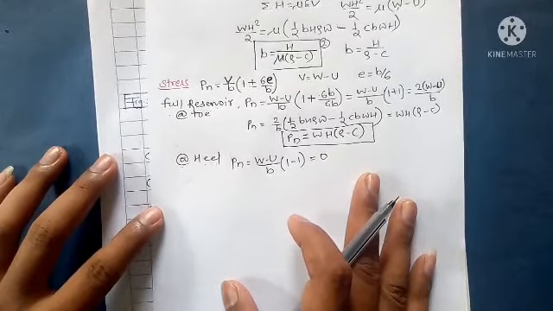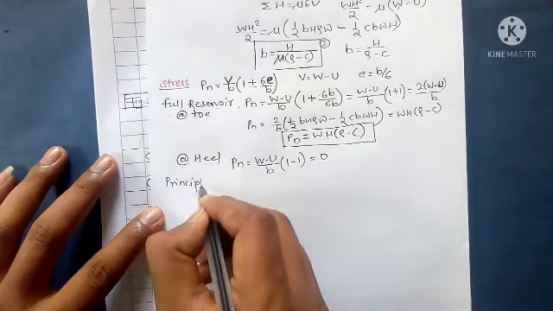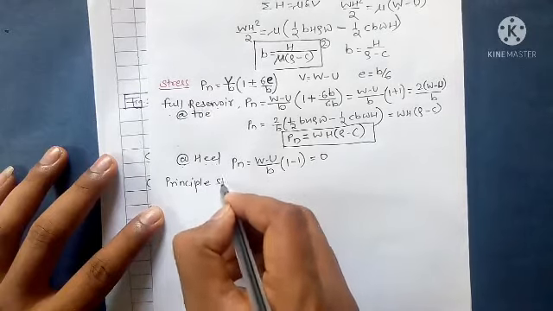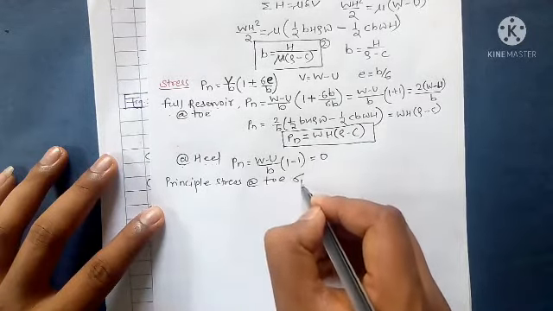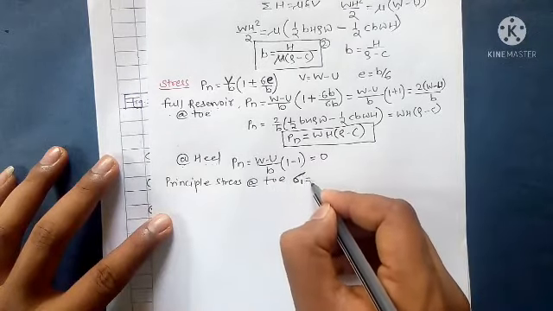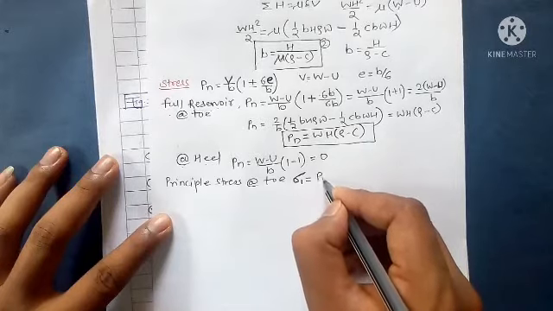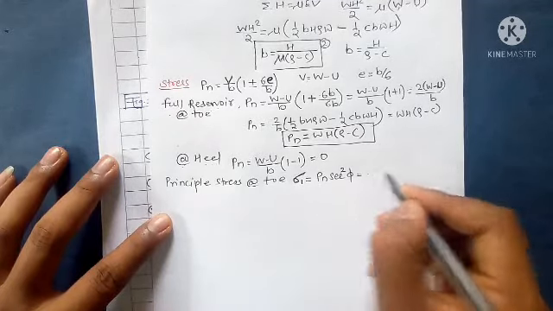Next one, principal stress at the toe. We know the formula: sigma 1 is equal to Pn sec square phi.